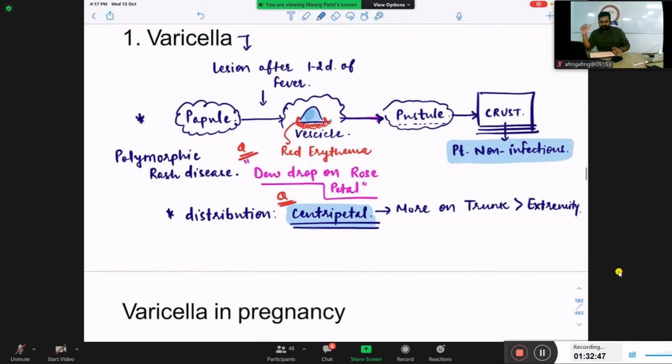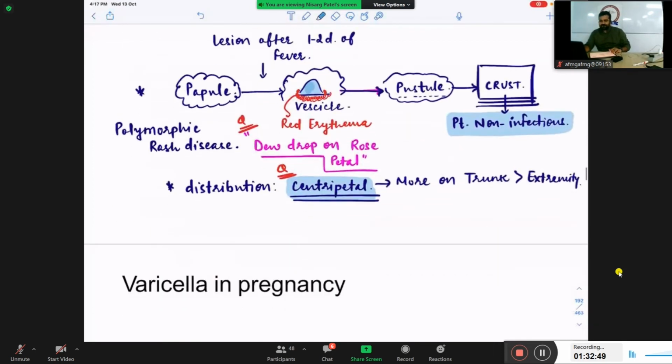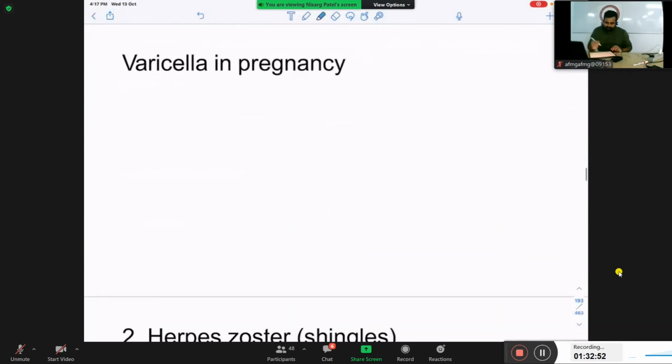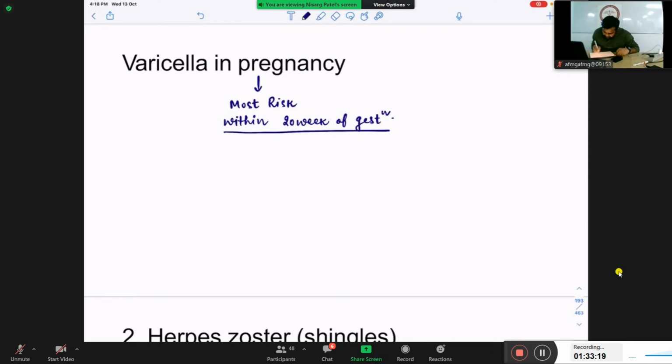Okay, drug of choice is the same, acyclovir. If varicella occurs in pregnancy, if the mother gets pregnant and develops varicella, most risk is within 20 weeks of gestation.